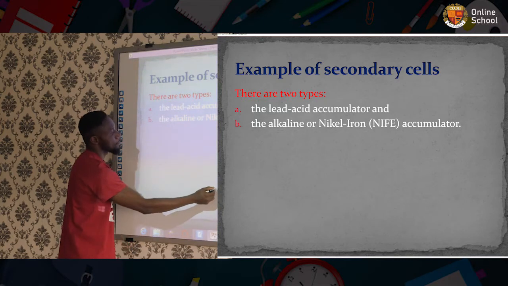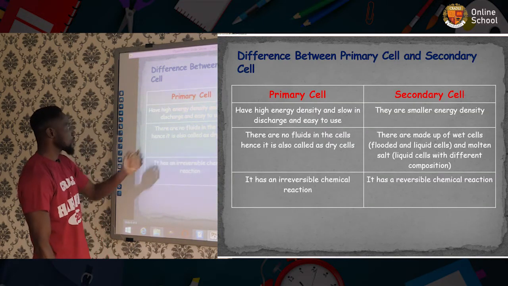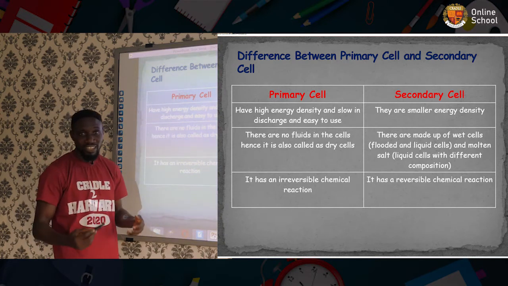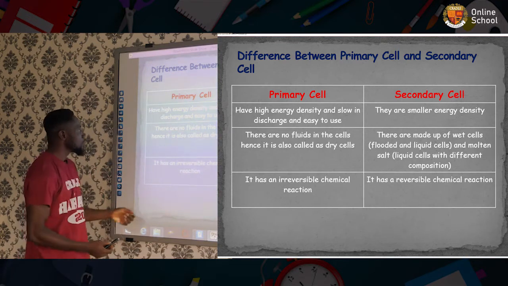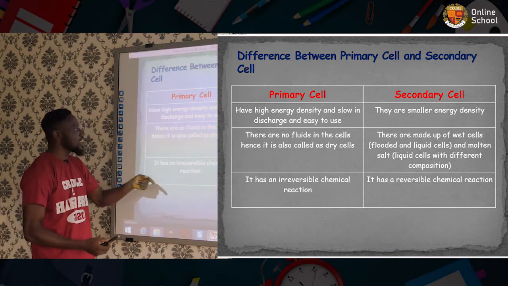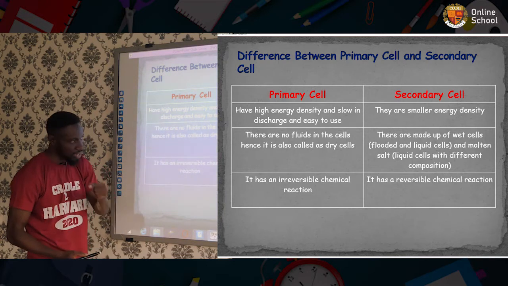Now, let's look at the differences between primary and secondary cell. From my explanation, you must have gathered a lot of differences, but let's look at a few on the board. One: primary cells have high energy density and slow discharge, and they are easy to use. I've said that before.